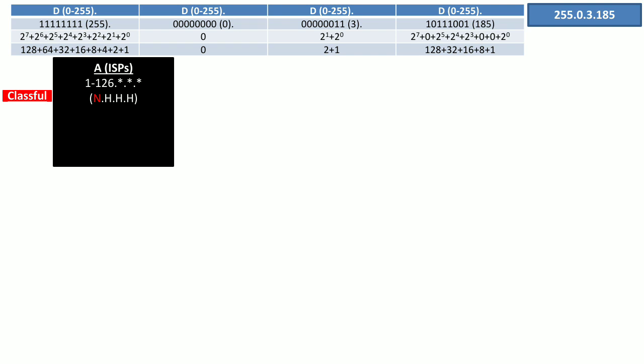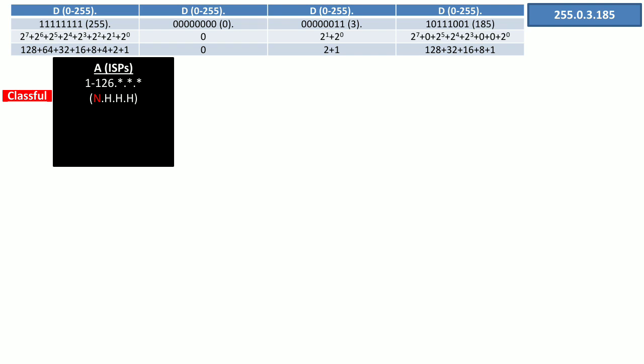So if you see an IP address with a value in the first octet between 1 and 126, then it belongs to a class A address, and this class A address is normally used by internet service providers.